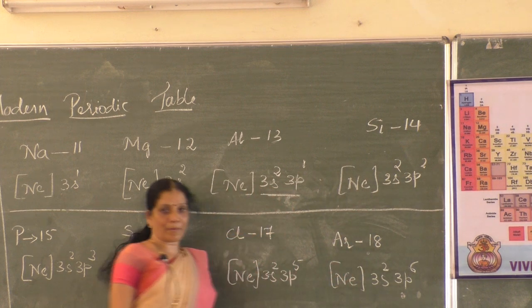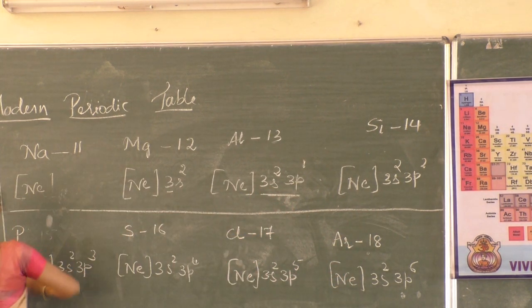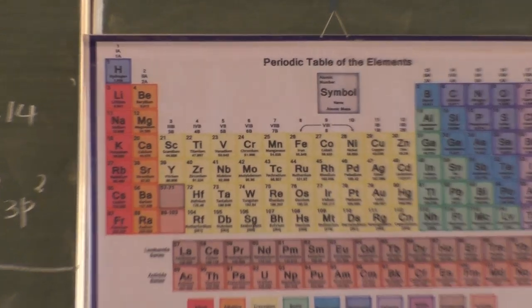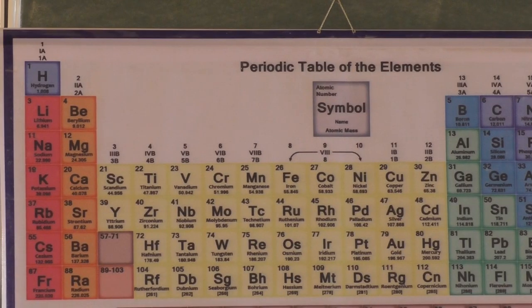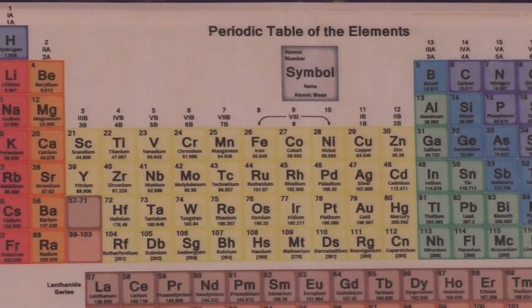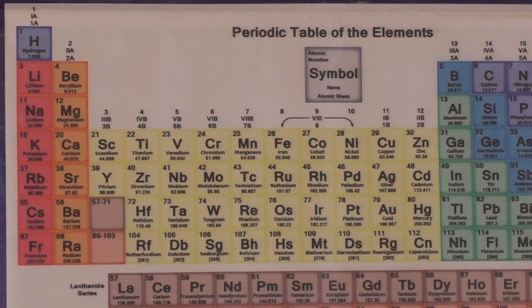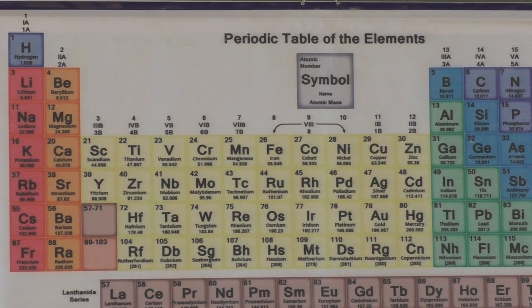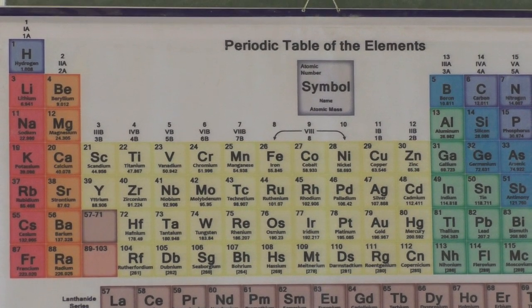Let us study the first group elements. We know that the first group elements start from lithium, isn't it? Can you name those first group elements? We have written the electronic configuration of the first group elements in the last session also, as well as in the previous session. Listen here. Which are the elements belonging to the first group?